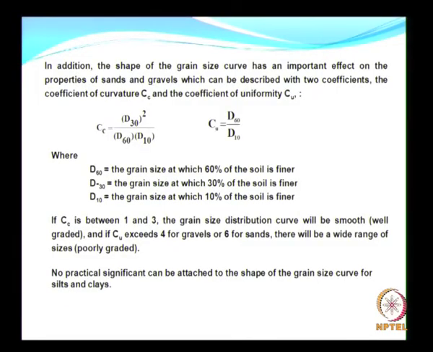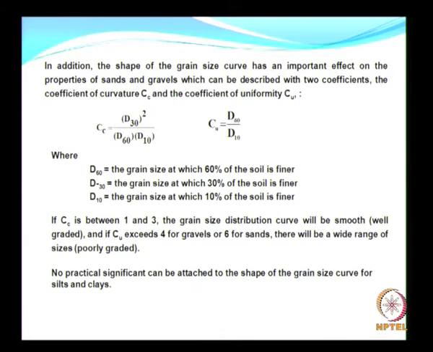Apart from the size, there are other properties which we need to look into. In addition to the size, the shape of the grain size curve, which I will explain later, also has an important effect on the properties of sand and gravel. This can be very easily defined by two coefficients.